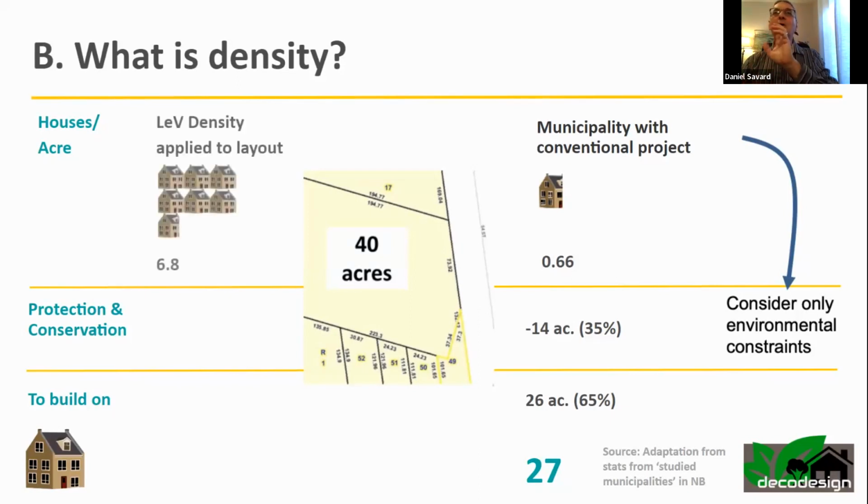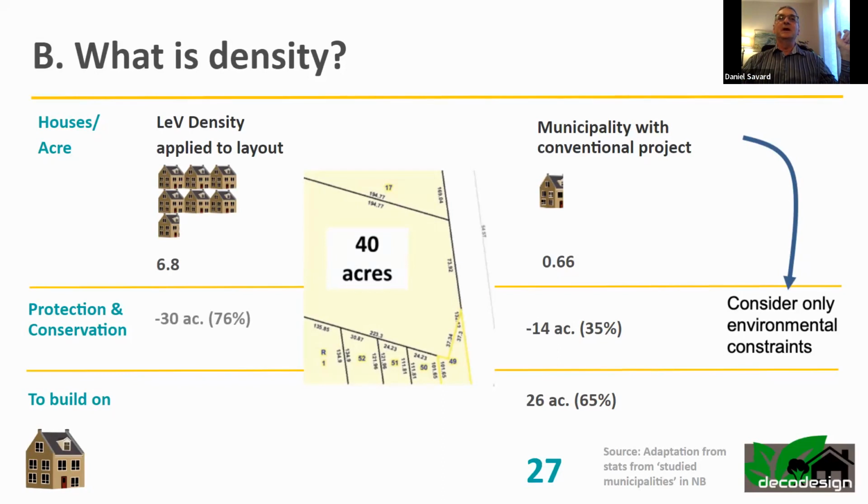Now, if we go with another density, the density that was used at Le Village en Haut du Ruisseau in Dieppe in New Brunswick, the density applied to the layout is going to be 6.8 houses per acre on 40 acres. And on the property at Le Village en Haut du Ruisseau, we're talking about 30 acres.